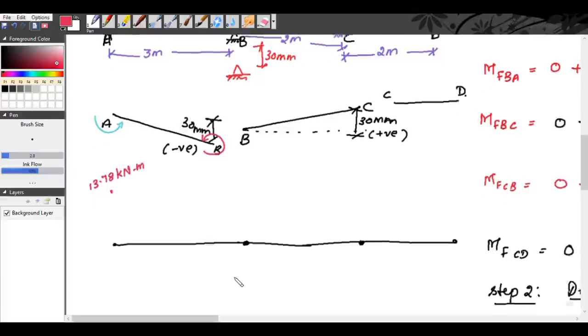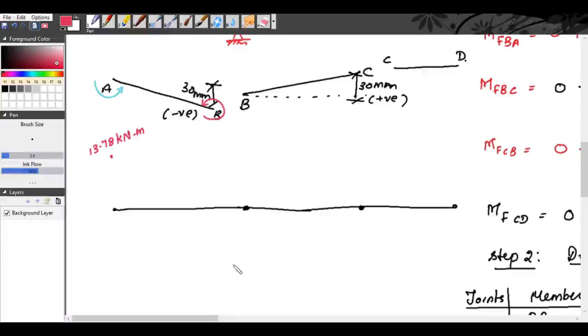So you have to mark it downwards. 15.56 kilonewton meter. Then it is plus. At B, you draw a clockwise moment from outside. So you have to take from the outside, right? It is pointing downwards. So it is 15.56.